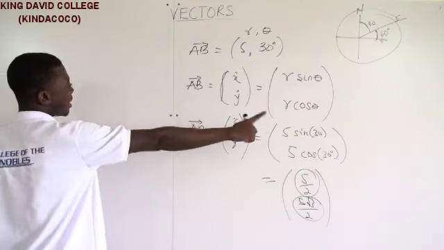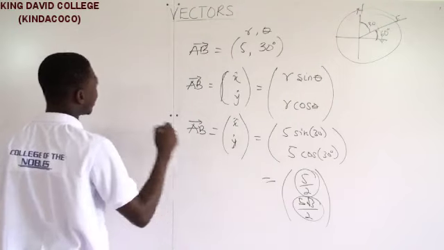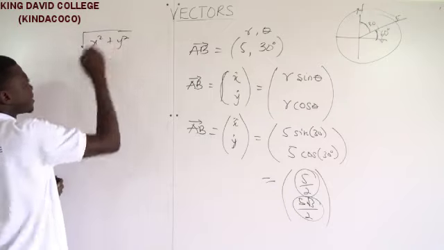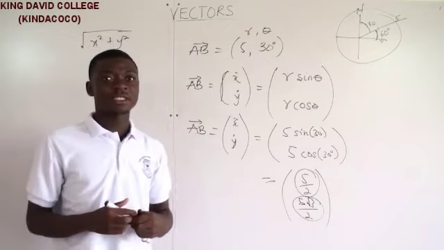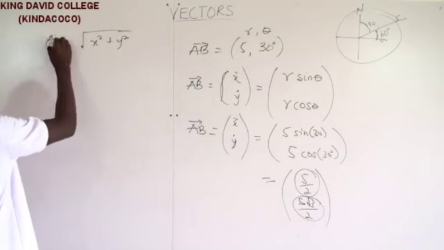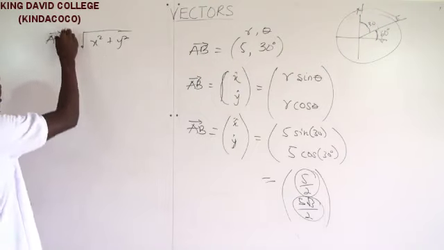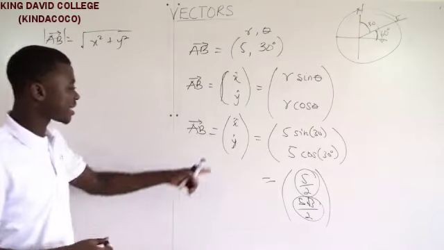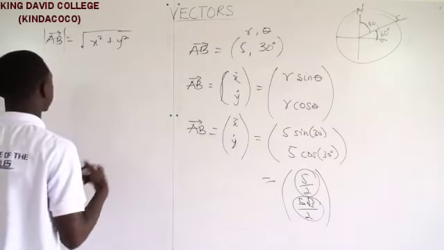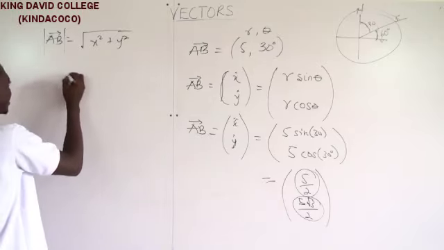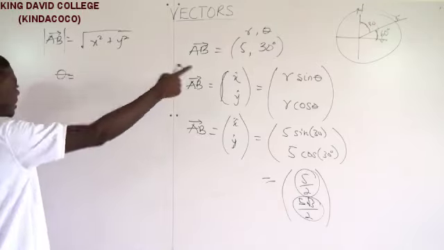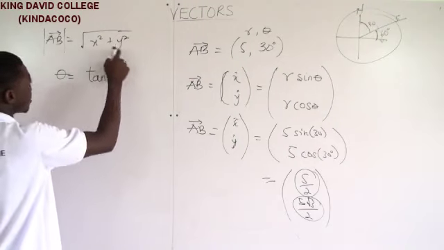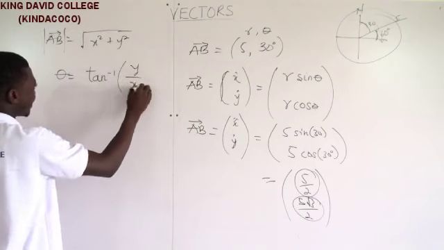If I am given this in x and y, then the magnitude you know already: the square root of x squared plus y squared. That is the magnitude of AB. And the direction in which AB passes through, that theta you see here, is going to be the tan inverse of the y value over the x value.